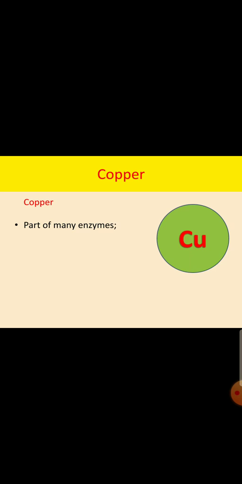So copper is part of many enzymes needed for iron metabolism. It also affects the absorption and metabolism of iron in our body.